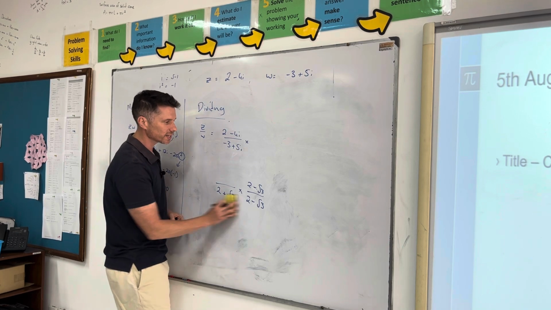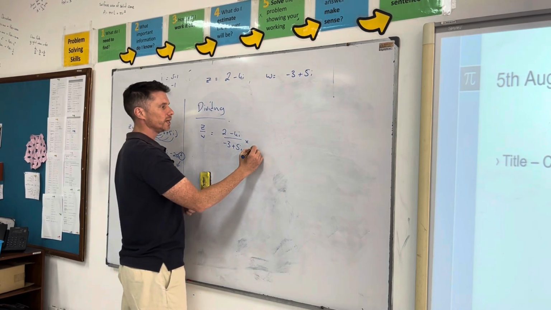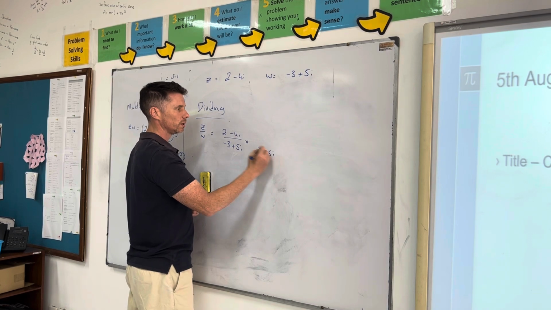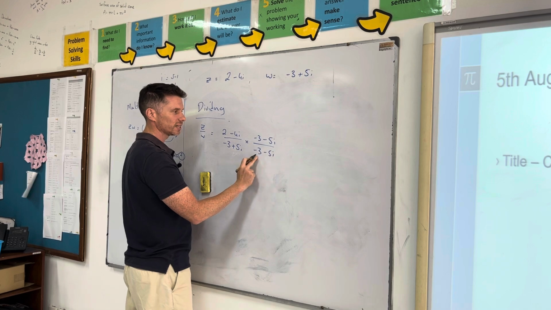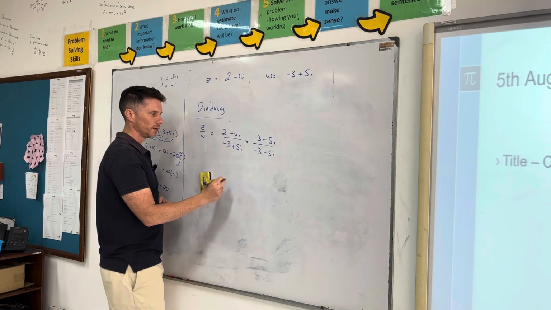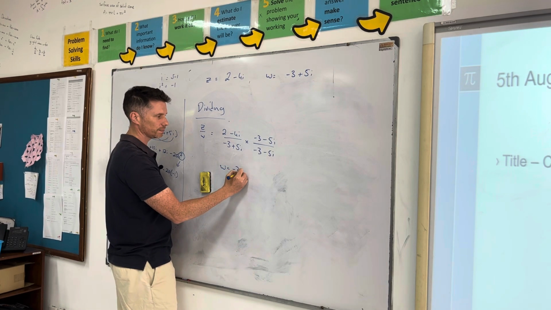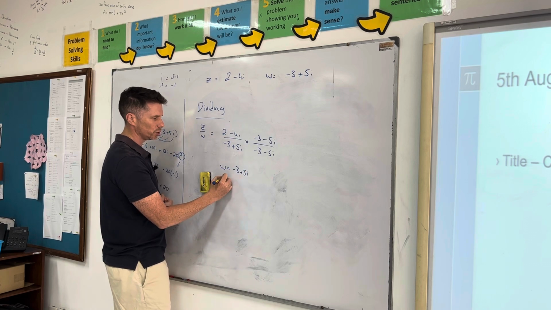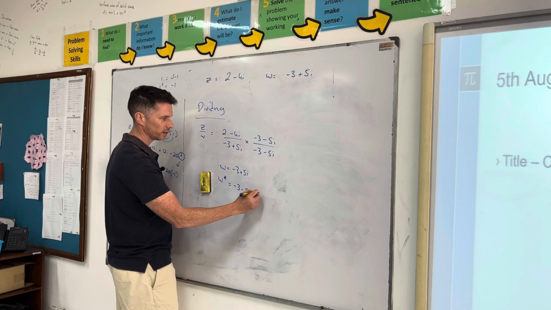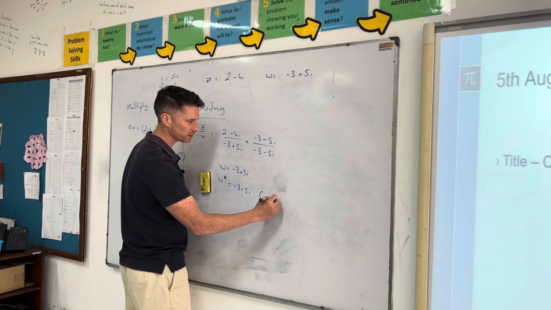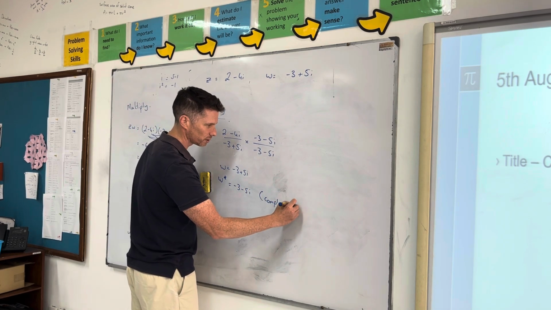The same thing happens here. We need to multiply by this. Now this has a special term. If w is this, w with an asterisk after it is this, and this is called the complex conjugate.